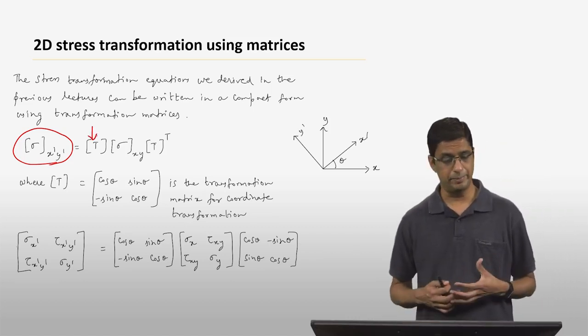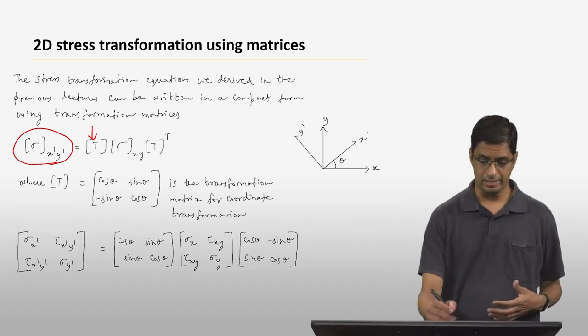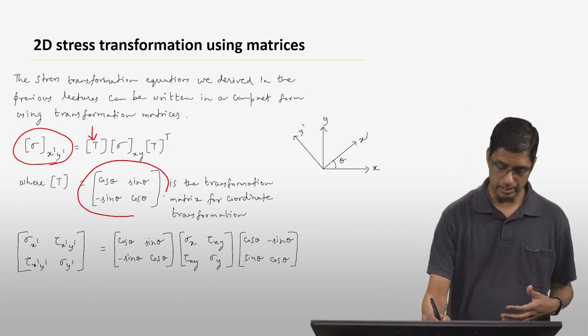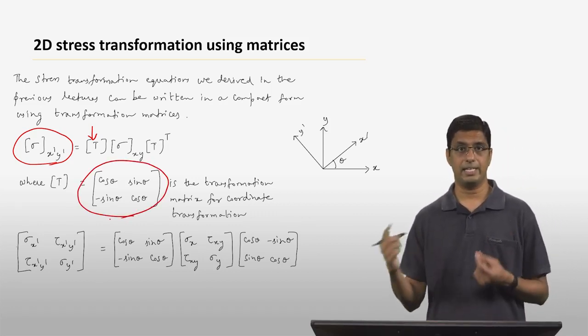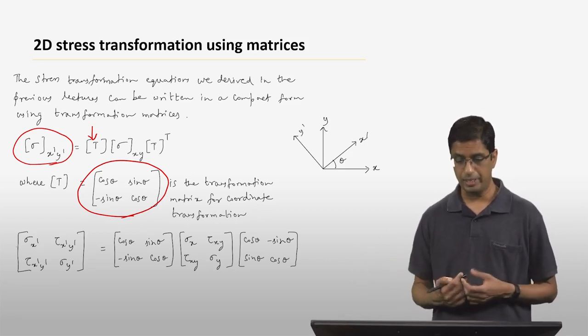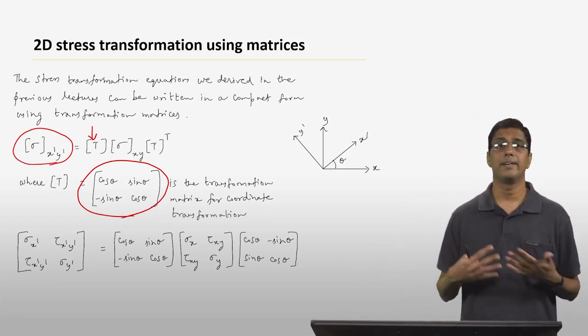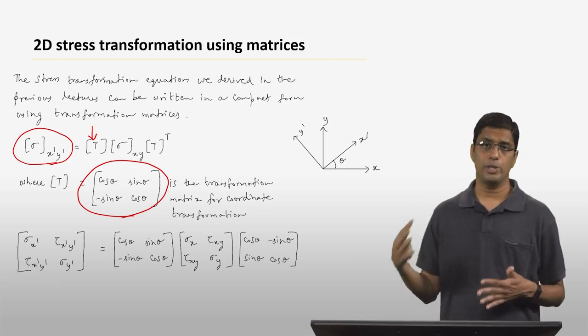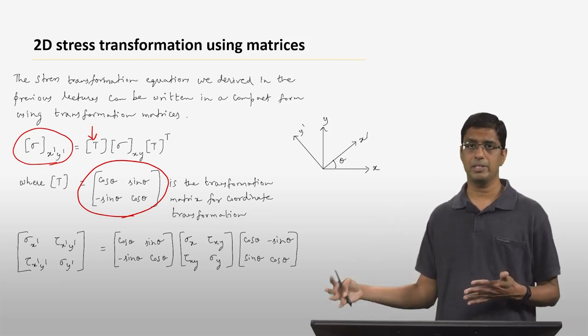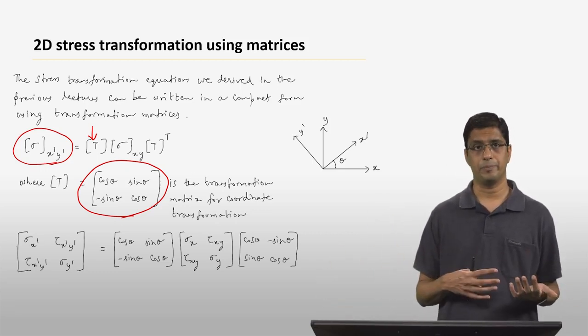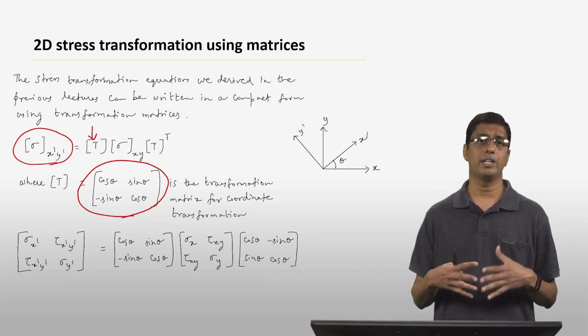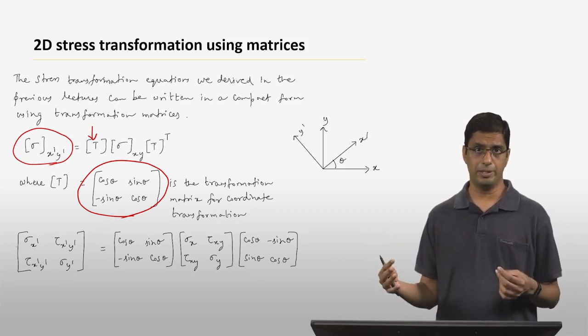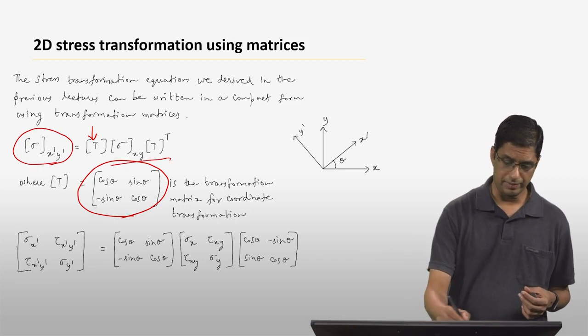So what is this transformation matrix? The transformation matrix T is nothing but this: cosine theta, sine theta, minus sine theta, cosine theta. Essentially, this is the transformation matrix for coordinate transformation from the xy coordinate system to the x prime y prime coordinate system. So you can write your sigma in the x prime y prime coordinate system as this equation here.